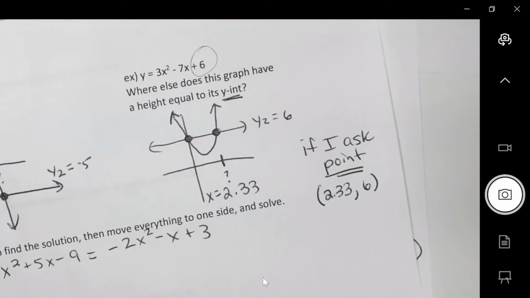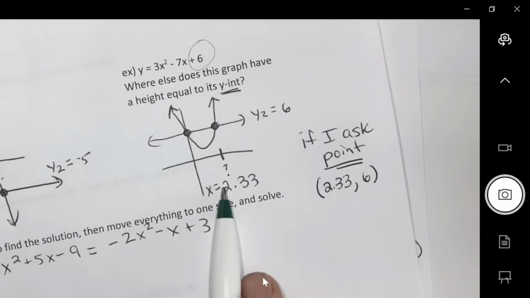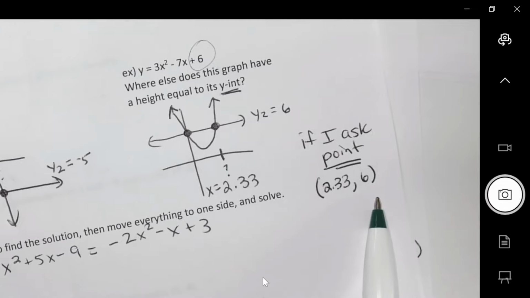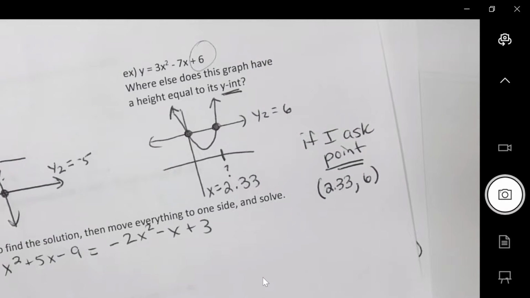So please be careful when you read the question, because I might say, where else? So just there would be 2.33. If I say, what's the point, then you got to list it as a coordinate, okay? So you're going to be doing the same thing, it's just about how to write your answer.